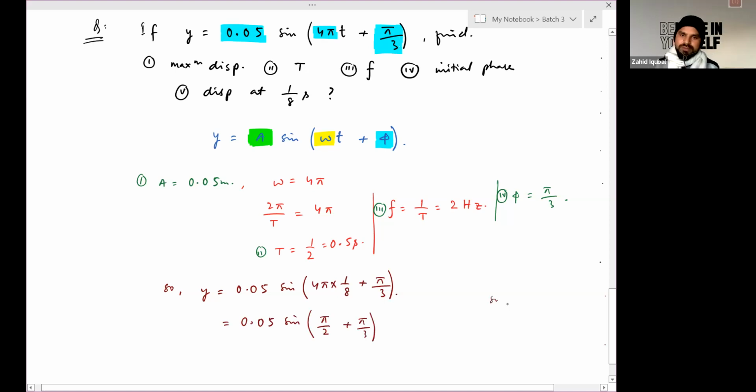You must have learned that sine(90 plus theta) equals cos theta. Similarly, in this part, we have sine(pi by 2 plus theta), so it must equal cos theta. So 0.05 cos pi by 3. Cos pi by 3 is cos 60 degree, and cos 60 degree equals 1 by 2. So it will be 0.05 divided by 2, or simply 0.025 meter. Abhinav, is it clear?